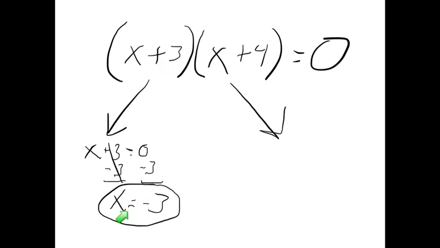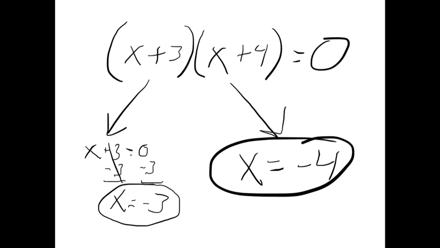So the solution is x equals -3. Because when we plug in -3 for this x, the result is 0. And that's what we're looking for. So moving right along, x plus 4 gives us x equals -4. And there's our two solutions, x equals -3 and x equals -4.